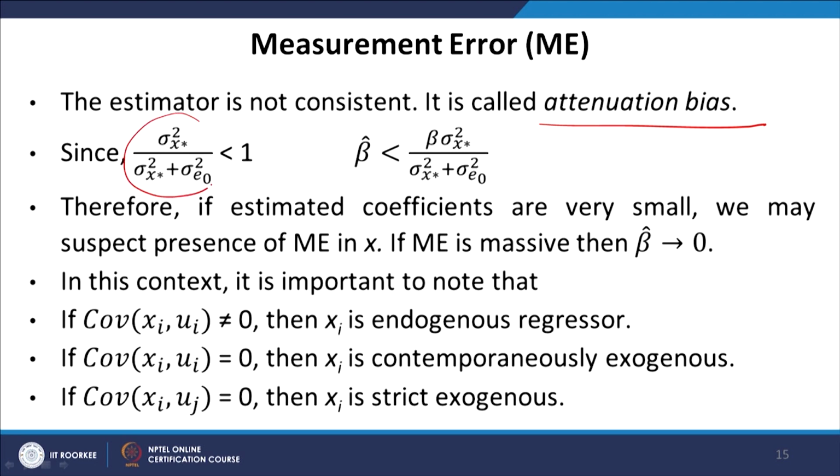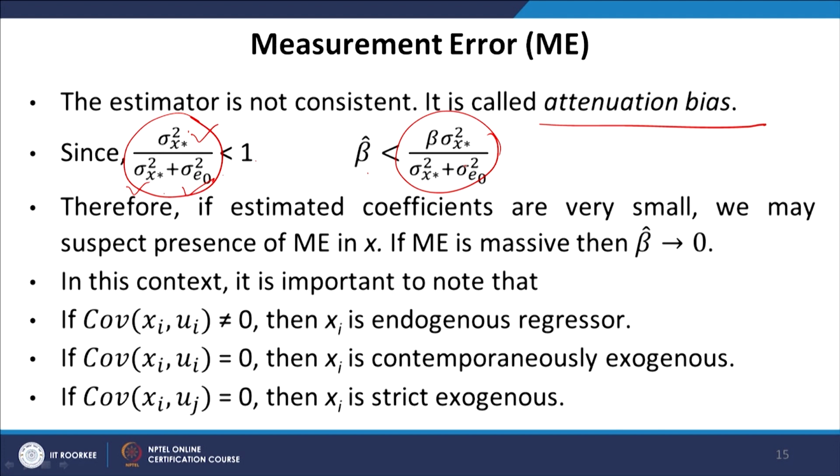Since this expression is less than 1, because all of them are positive numbers and the numerator is smaller than the denominator, beta hat will be less than beta multiplied by a fraction. So, if estimated coefficients are very small, we may suspect the presence of measurement error in x.